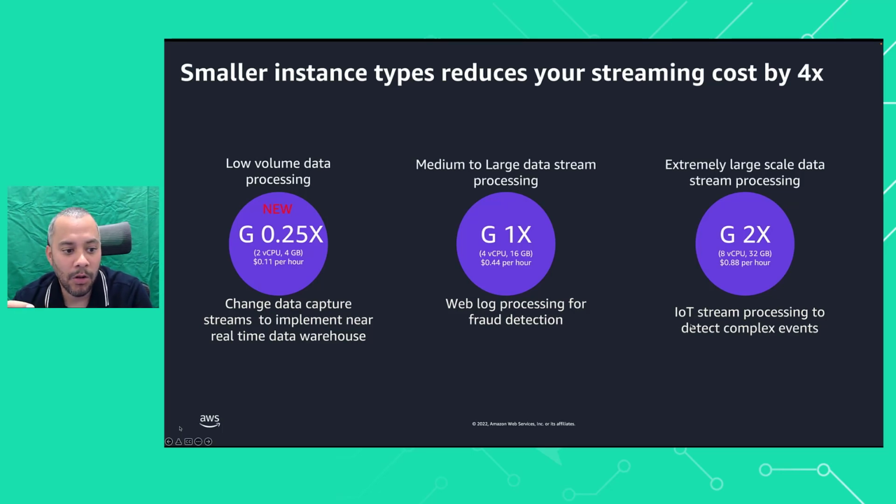For example, low volume data processing, like change data capture. For medium to large data stream processing, we still offer the G.1X. And for those workloads that require a high volume of data, we offer the G.2X instance. So if you see, it doesn't matter the volume of data or the complexity of your job itself, we can offer an option for you.